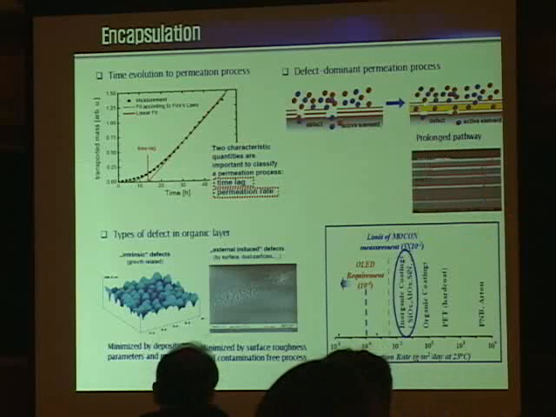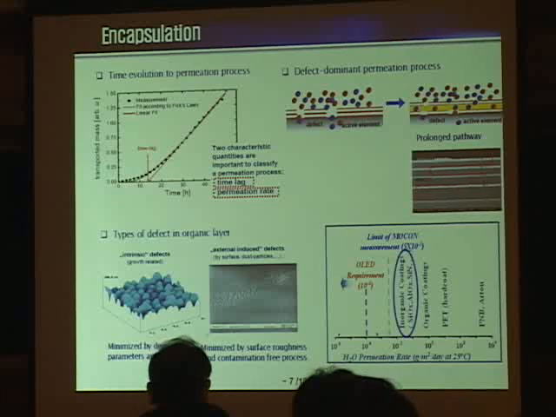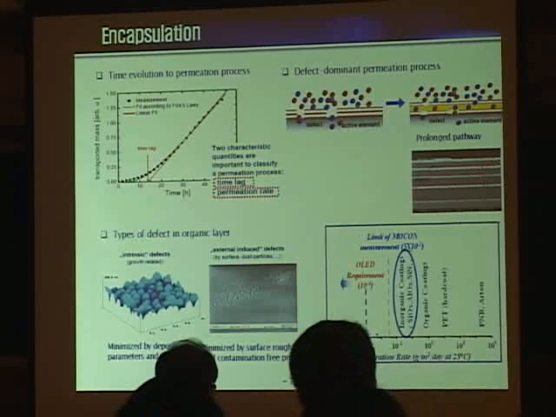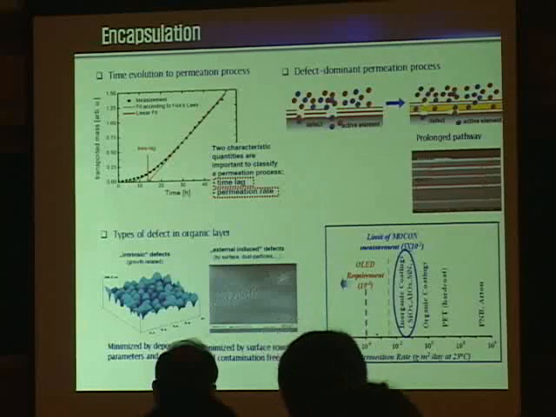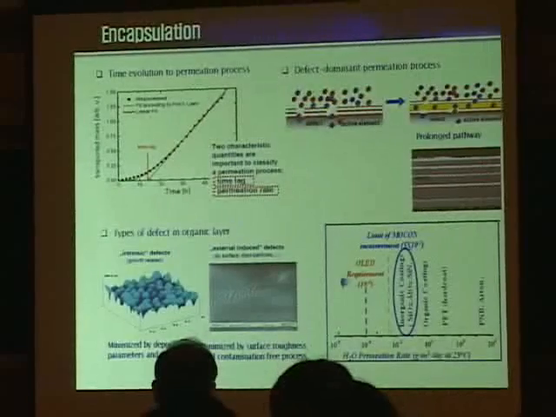But in most cases, the current status of barrier technology is not that perfect. In terms of water vapor transmittance rate, the current status is about 10 to the minus 4 gram per square meter per day, but the target requirement must be 10 to the minus 6. So we should develop encapsulation technique a lot more.